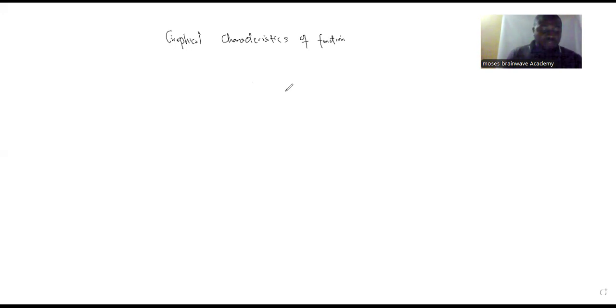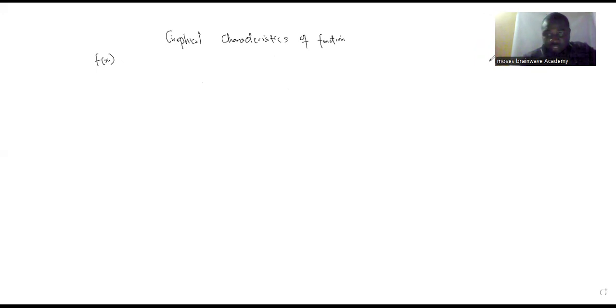So when you're talking about a function, when is a function f of x said to be increasing or decreasing? Now, note that a function, as we said, is always talking about the x and then the y, right? Now, the function is said to be increasing if you choose some value of x.